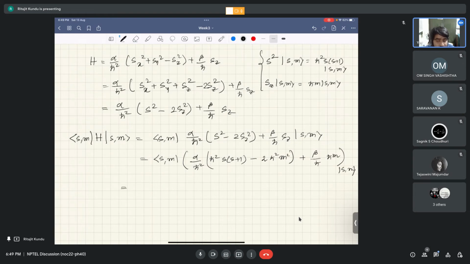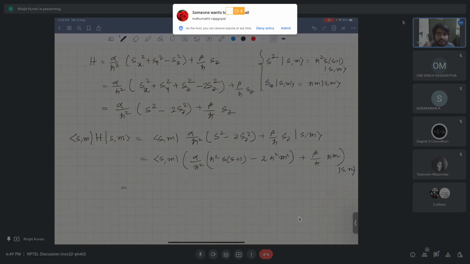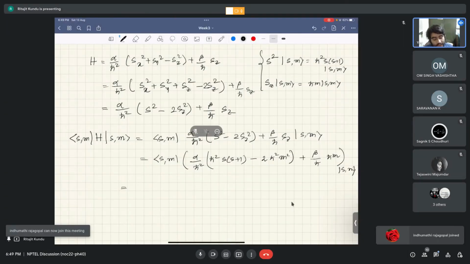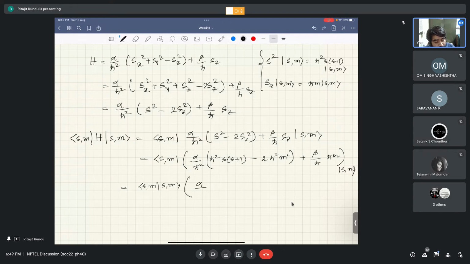All of these are numbers, and the states don't actually act on numbers, so the states go through and we have s comma m and s comma m. The h bar square will cancel, and we have s into s plus 1 minus twice m square plus beta m. Because all of the states are normalized and orthogonal, this state combination will become 1. So we are only left with this part.